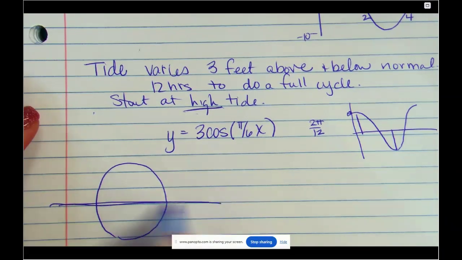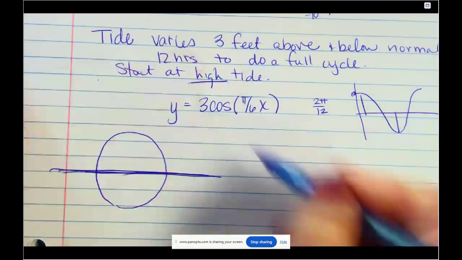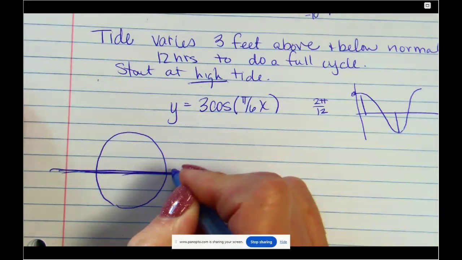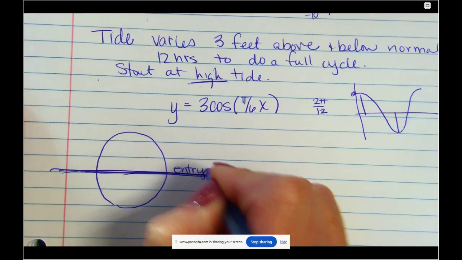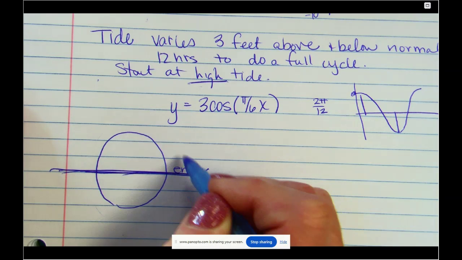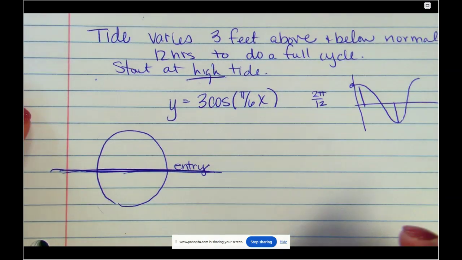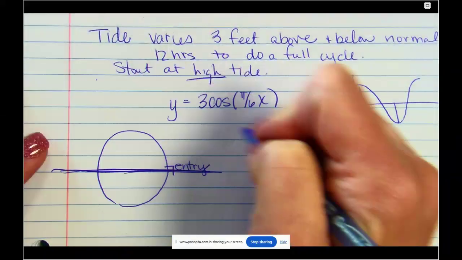We'll say it's a Ferris wheel, but it's kind of encased. And so you go up. Here's where you would get on. Okay, here's your entry. And so you're going to go up, and then you're going to go down below the floor, and you're going to go up. Okay. So this is your normal spot.